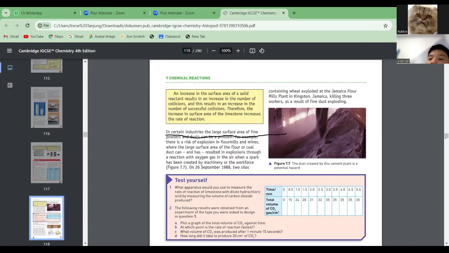For example, there is a risk of explosions in flour mills and mines, where the large surface area of the flour or coal dust can and has many times resulted in explosion through a reaction with oxygen gas in the air when a spark has been created by machinery or the workforce.